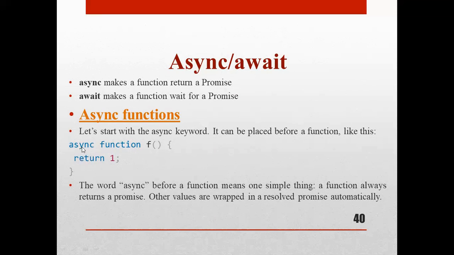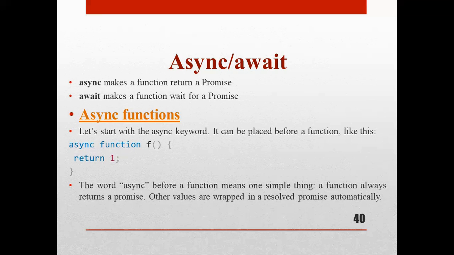The word async before a function name means that the function always returns a promise. Then the other values are wrapped in a resolved promise automatically.